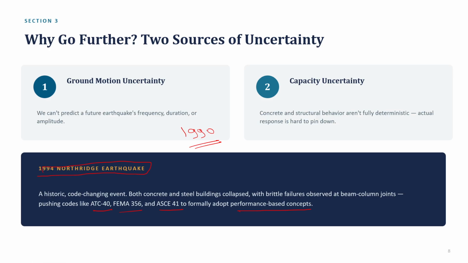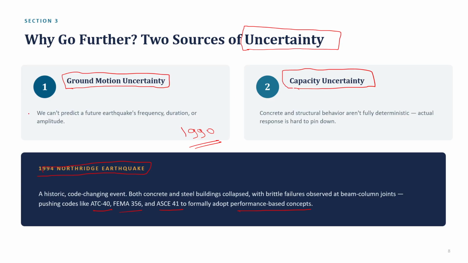But this performance based design theory also has gaps. It doesn't fully account for uncertainty. Now you may ask what type of uncertainty. There are basically two types: first is the ground motion uncertainty, and second is the capacity uncertainty. Ground motion uncertainty means we cannot predict the future earthquake frequency, duration or amplitude.